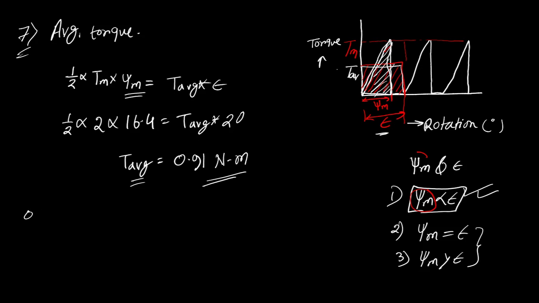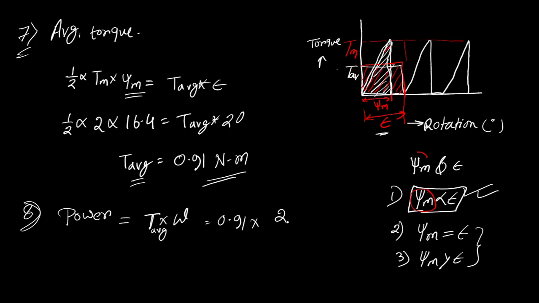Now question number 8: what is the power? Power is nothing but torque into omega. Now the question is which torque we have to consider. We have to consider the average torque, average torque into omega. So the average torque is 0.91.